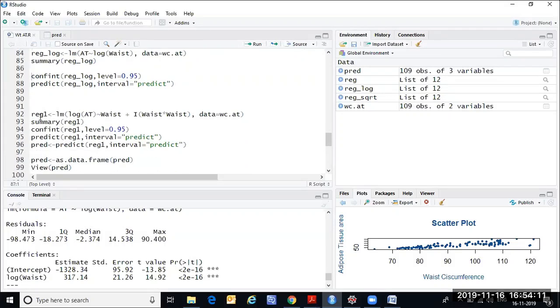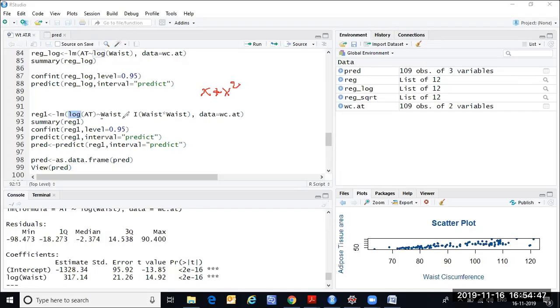Now, this time, instead of applying log on the x variable, I'm applying it on the y variable. So my equation is lm of log of y tilde x plus x square. This is called polynomial transformation: x plus x square plus x cube and so on.